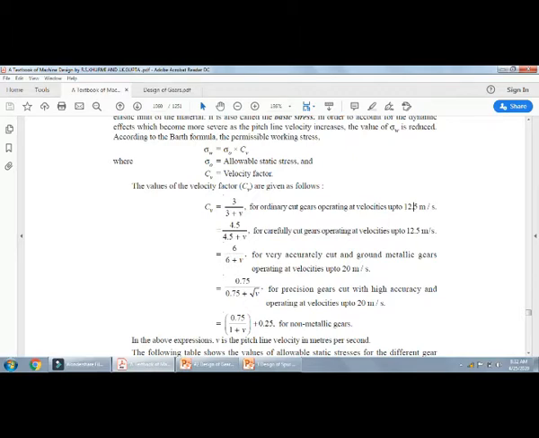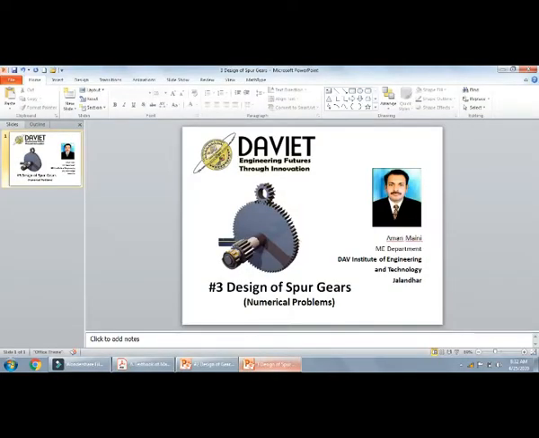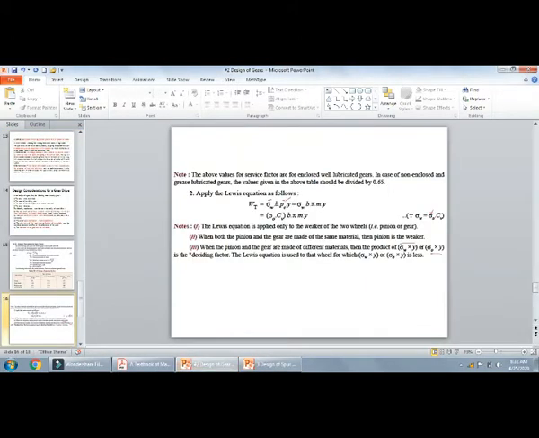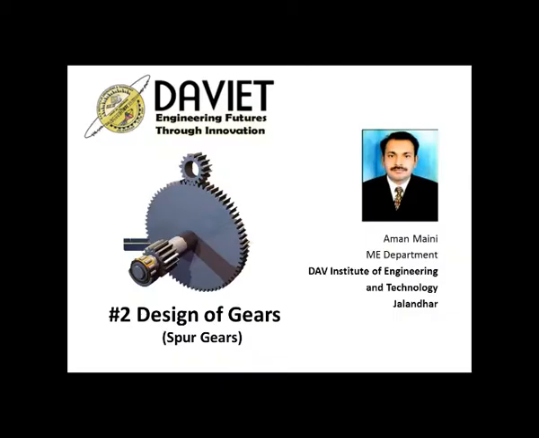We may select the value of Cv from this relation. Then sigma w is equal to sigma naught into Cv.